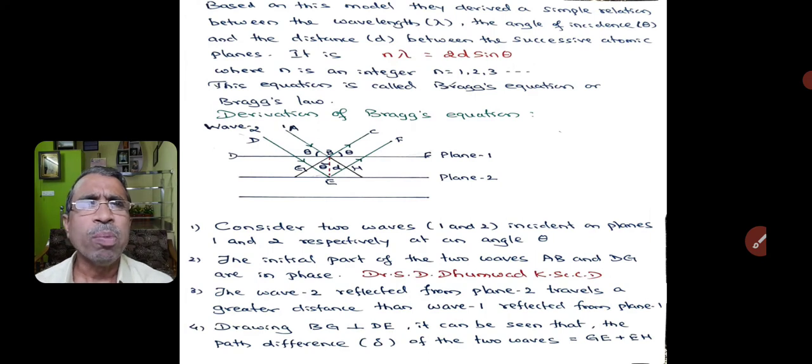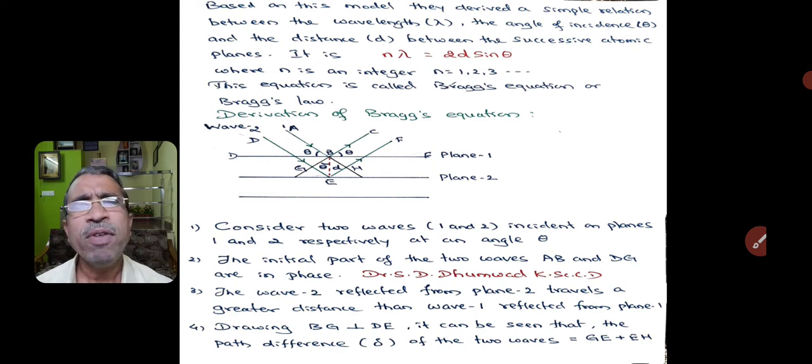Based on this model, they derived a simple relation between the wavelength of the incident X-ray, the angle of incidence, that is theta, and the distance between two successive atomic planes, that is d.